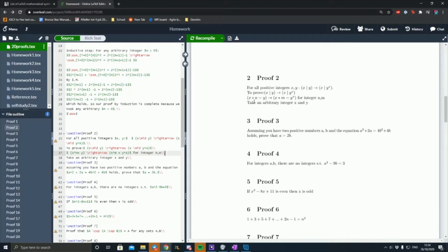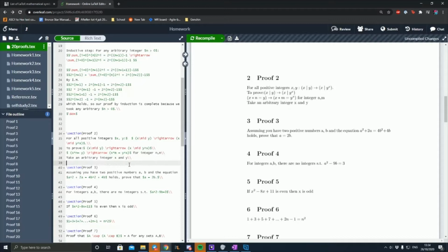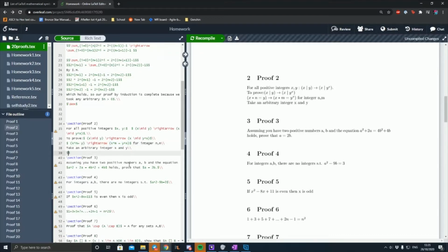Okay, so we have x times... So let's see, if this holds, then this must hold. So I'm taking this part of the thing and I'm putting that down here.